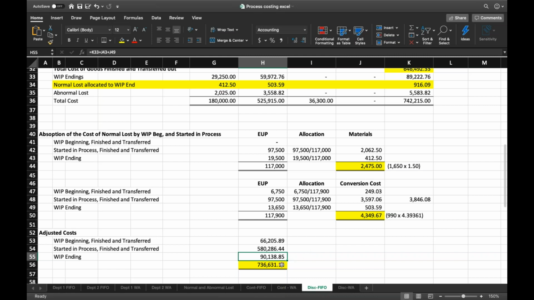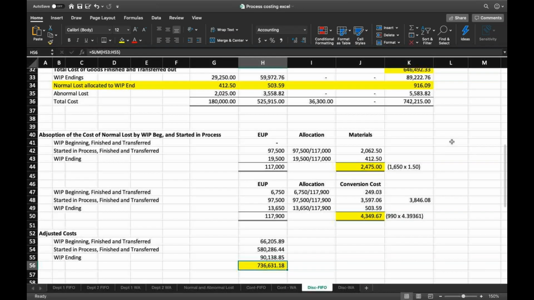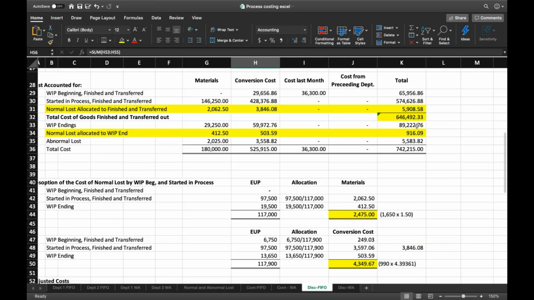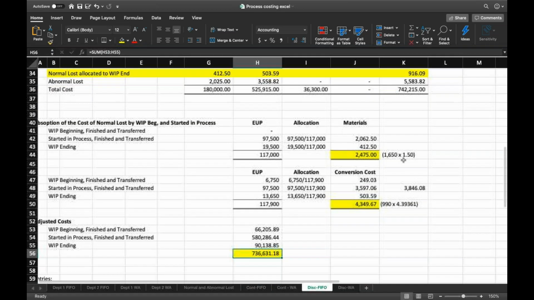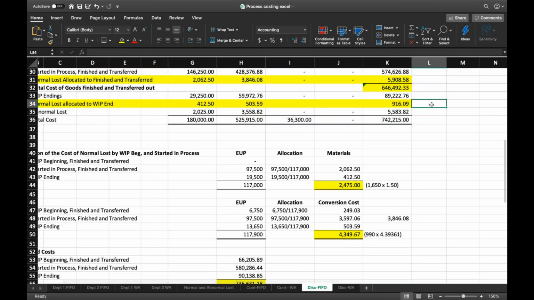So 736,000 is the total of all these. When we add the 5583, 742. Let me just verify.